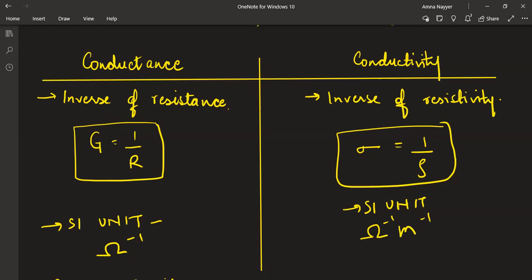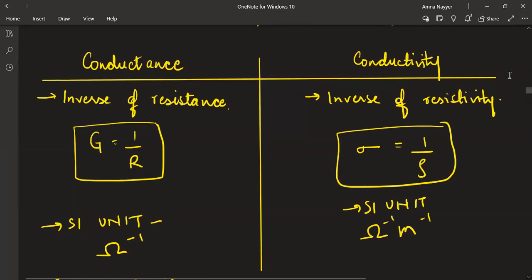But if you change the material, like instead of water you take copper, brass, or zinc, every material has its own density. Similarly, it's the case with resistivity. Resistivity has its own values for every material. It depends on the material, but it is independent of length and area of cross section.